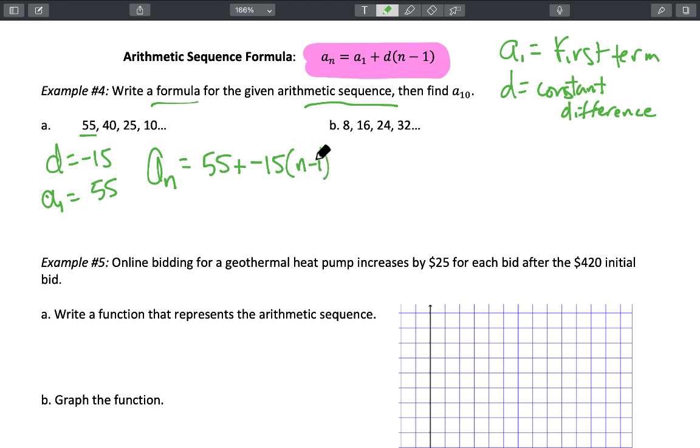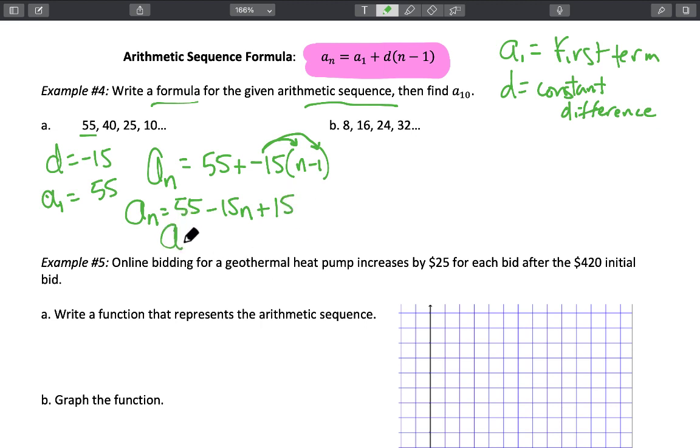All right, now I can leave it like this, or I can simplify some things by distributing this -15 in and combining some like terms. So let's take it one step further. We have a sub n is equal to 55. Now I'm going to distribute this -15 in. I get -15n, and -15 times -1 is another +15.